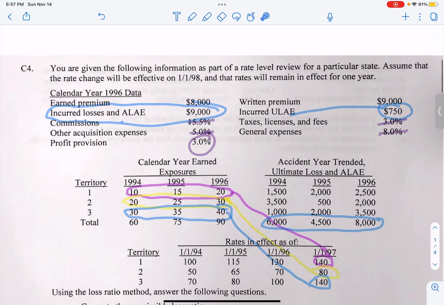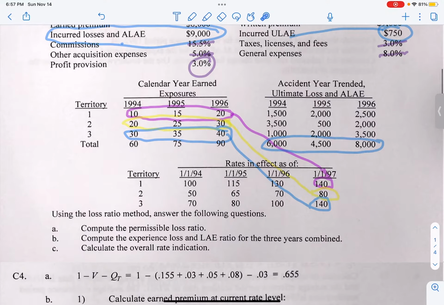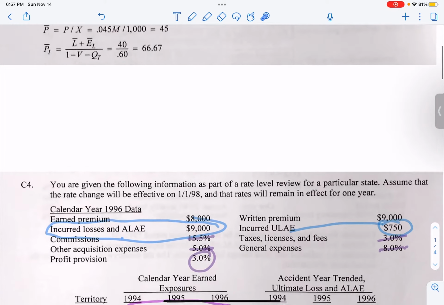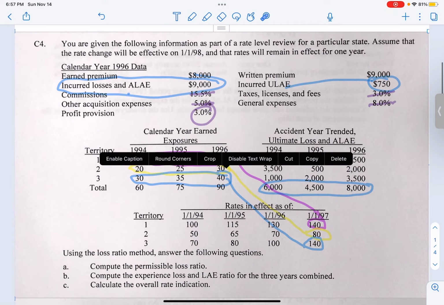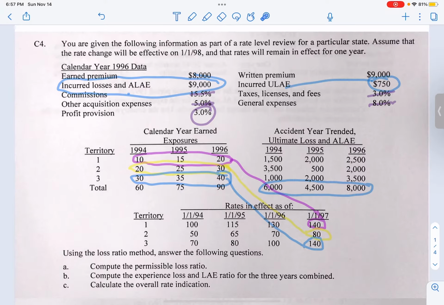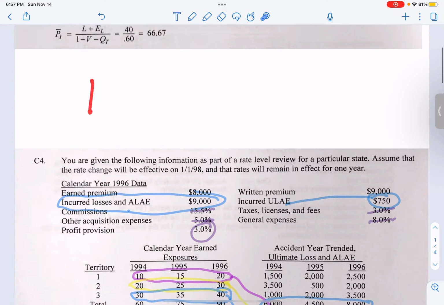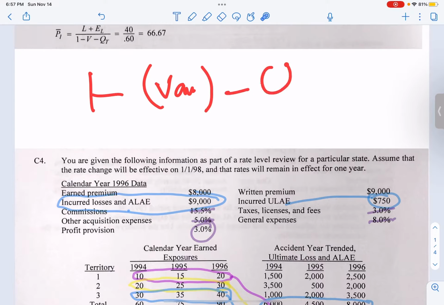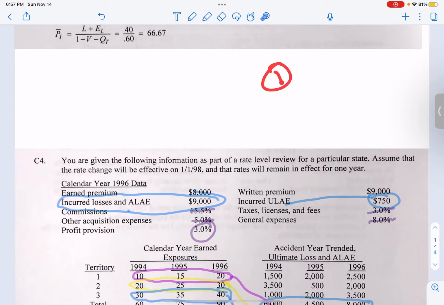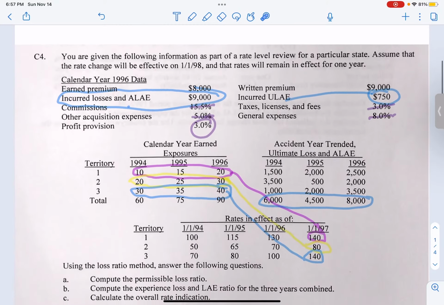With question 4, we are asked to compute the permissible loss ratio. Just like I mentioned in question 1, permissible loss ratio is such that you have to subtract 1 minus all variable expenses, and then minus the profit, denoted as Q. So let's see what we have here.